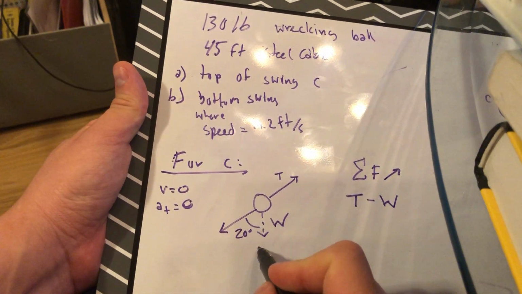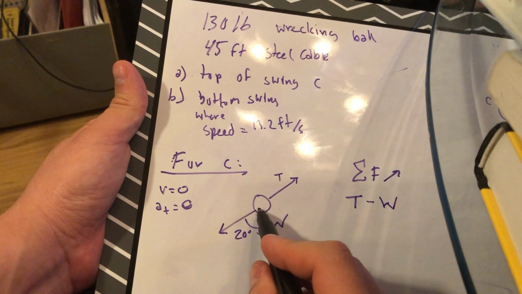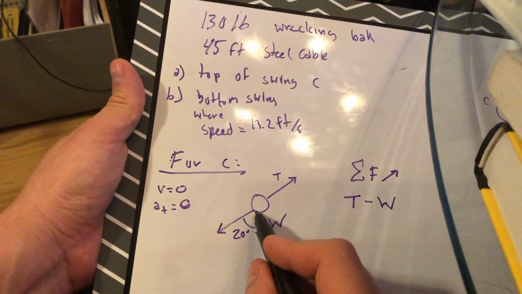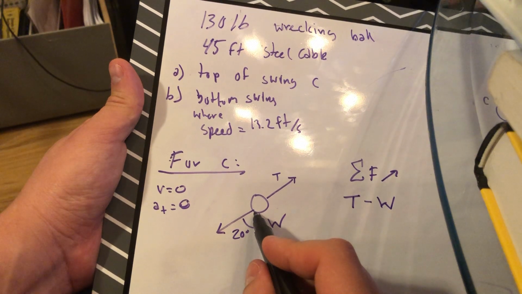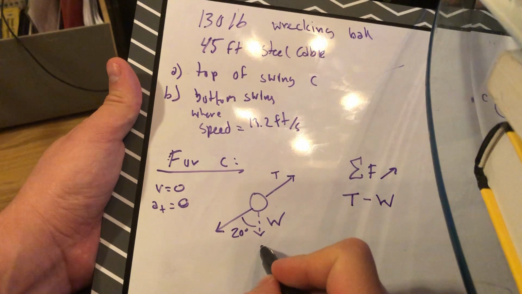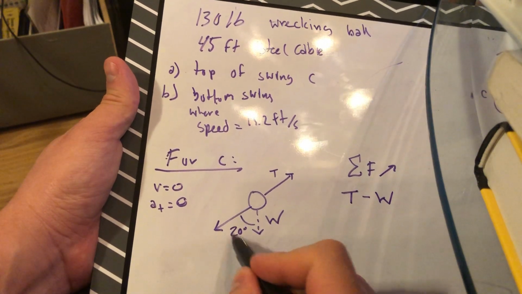Let's think about this for a second. We have weight coming down. We want this component here. If weight is here, cosine adjacent to that, so we'd have a triangle going this way. Yep, it's cosine 20.